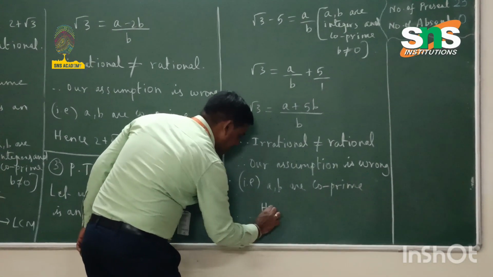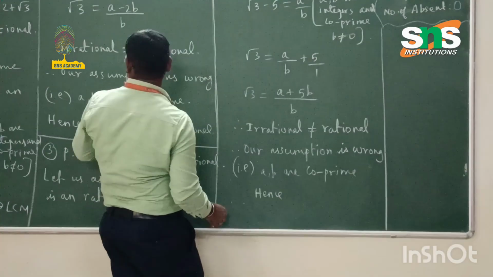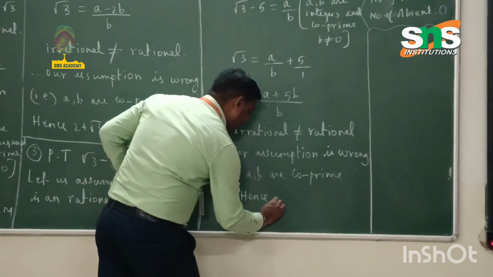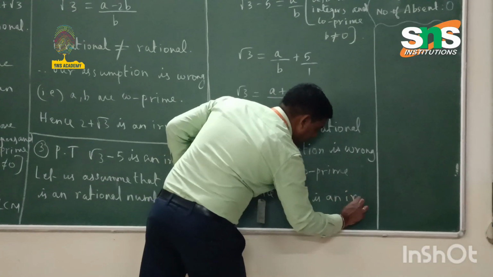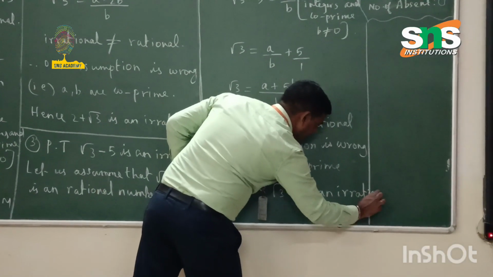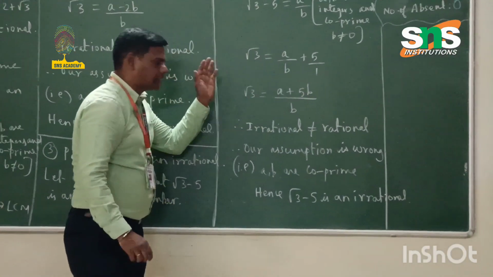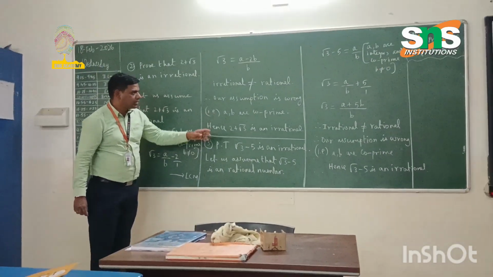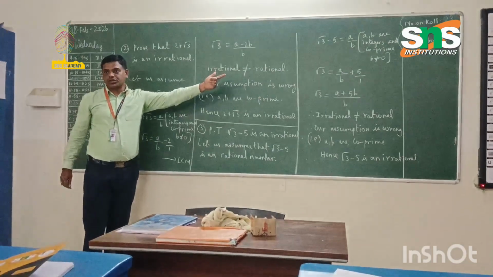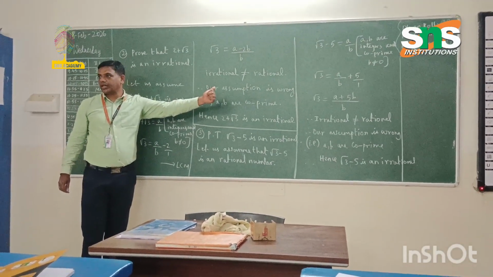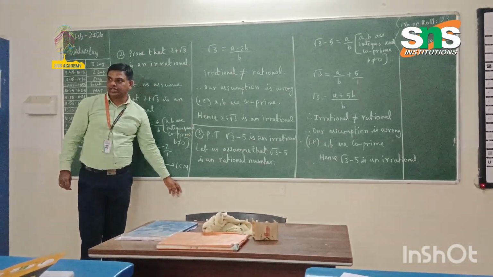And hence the question: root 3 minus 5 is an irrational number. The definition, this condition, everything we write the same; only the numbers alone will change, and based on the numbers, the proof also will change in the numbers. Are you clear with this? Do you have any doubt in this? No.